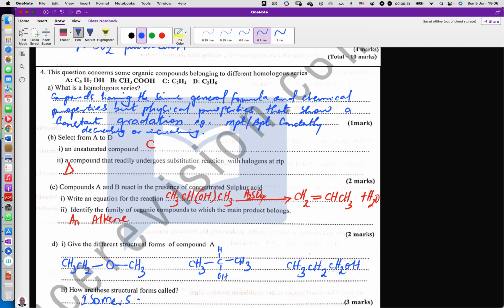When I say constant gradation, I mean a melting point and a boiling point constantly decreasing or increasing.